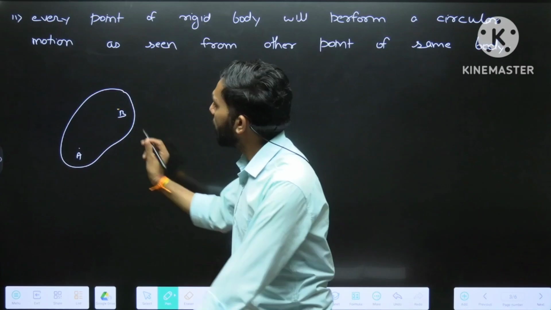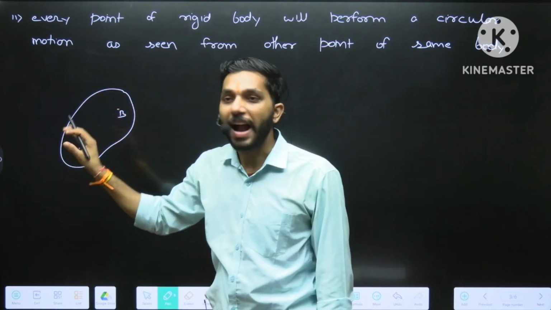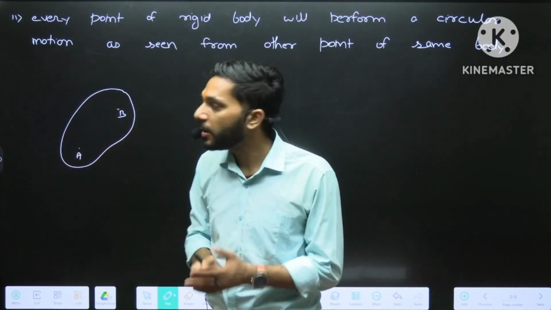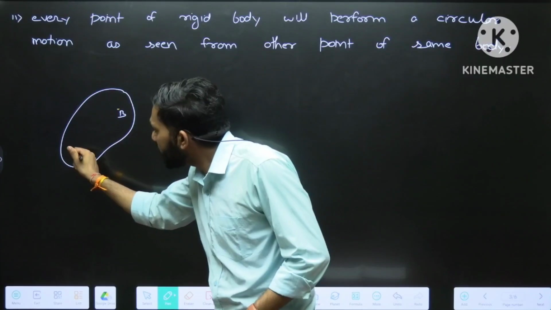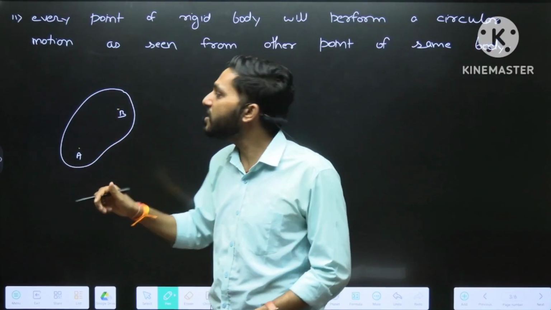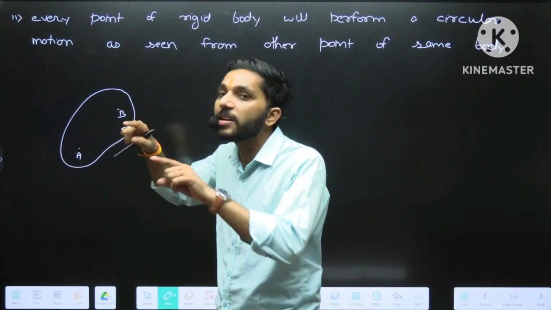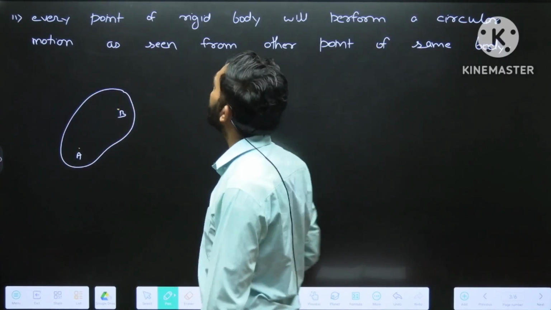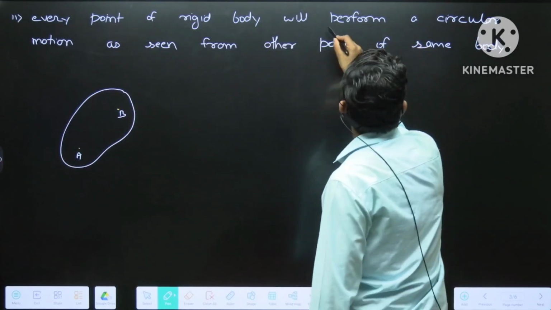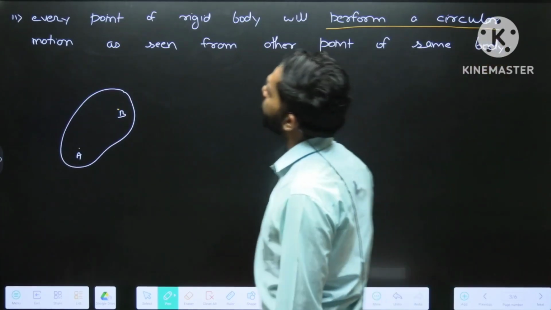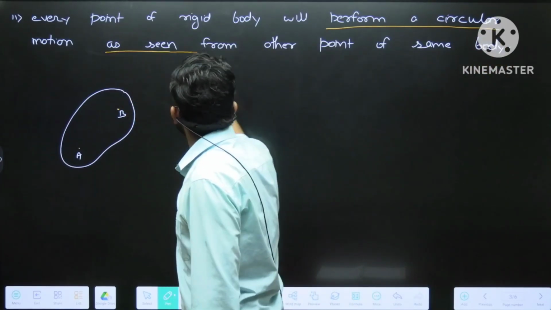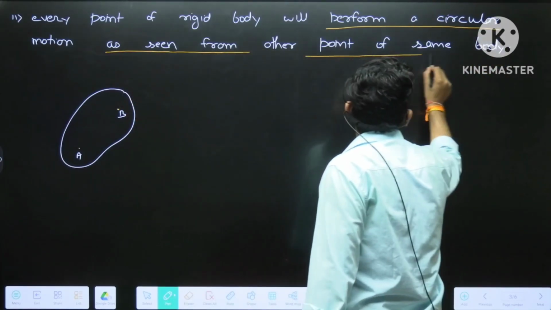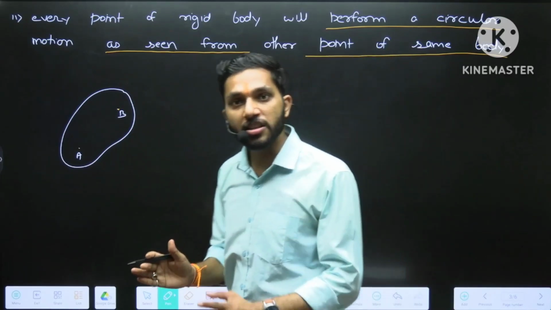I mean, assume that this body is moving and every point will have a different velocity. If you sit on any point of the rigid body, then the other points will look like they are moving in circular motion. They will perform circular motion as seen from another point of the same body. I think this is clear to you.